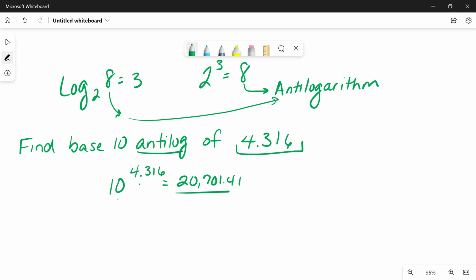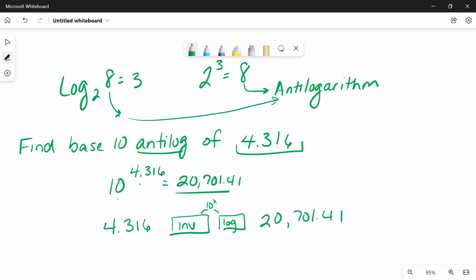So I'm going to key in 4.316, hit the INV button, and then hit the log button. This inverse log basically winds up being 10 to the x. Then I hit enter and it's going to give me 20,701.41. This was on my calculator.